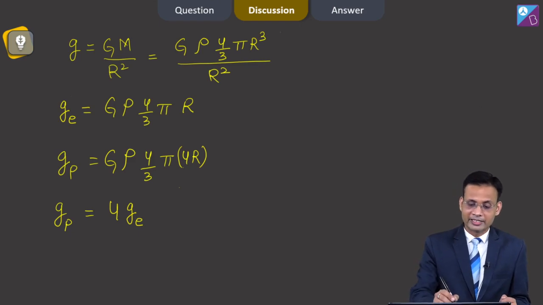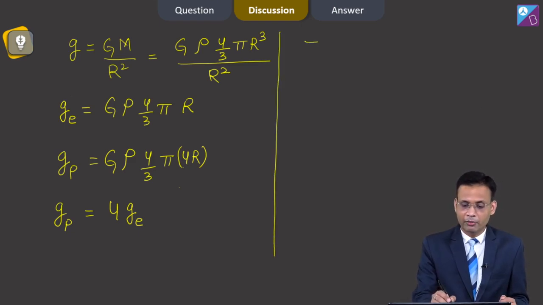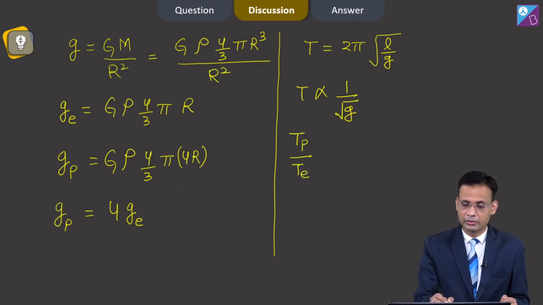Now the time period formula is T equals 2 pi root of L by g, which can be written as T proportional to 1 by root of g. So it will become T p by T e equals root of g e by g p.